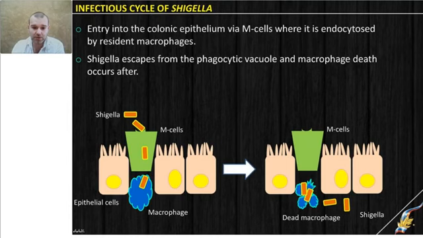M cells engulf Shigella by endocytosis, and bacteria are delivered to tissue macrophages and engulfed by them. But due to production of several factors, bacteria can resist phagocytosis. They escape from the phagocytic vacuole and induce apoptosis of macrophages, which are destroyed, and bacteria are released.